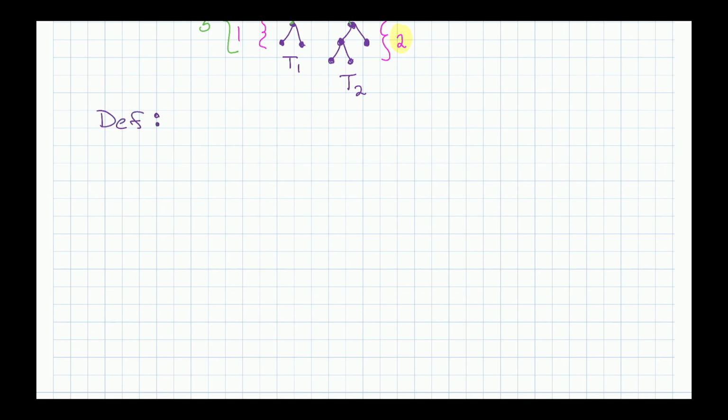Definition. So what you can do is you can actually count the vertices in a full binary tree pretty much the same way as what we did for the height. So the number of vertices of a full binary tree, what is it? It's going to be n of t. That's going to be the number of vertices.